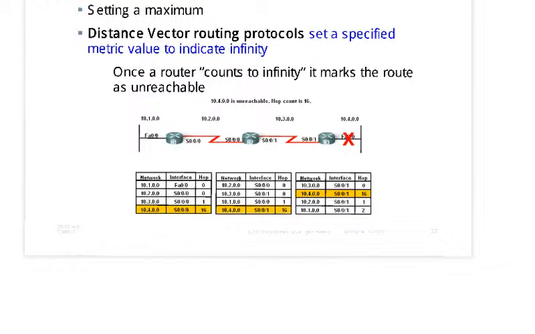But this state of convergence is slow convergence, right? Because I had to increment back and forth the route entry for quite some time until I reached that state. And until this state is reverted, there will be routing loops, right?